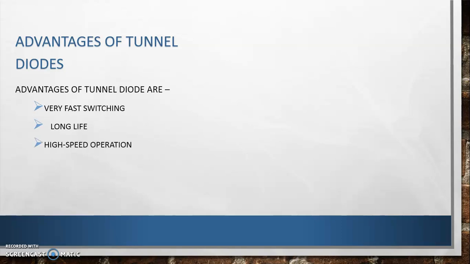Then high speed operation, wherever high speed operation is required. Then low noise, almost zero noise, so when noise is less, it is more significant. Low power consumption, it requires very small power.